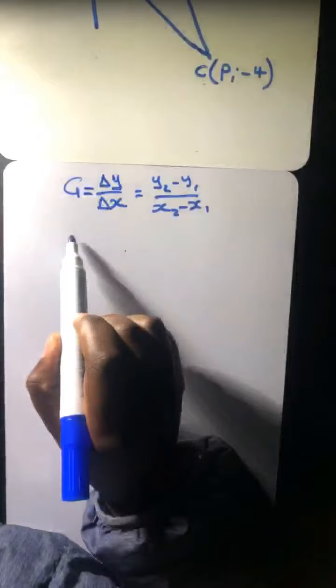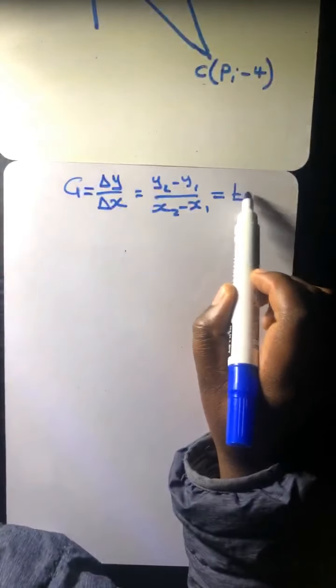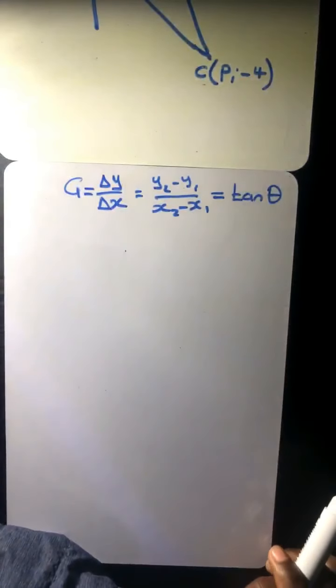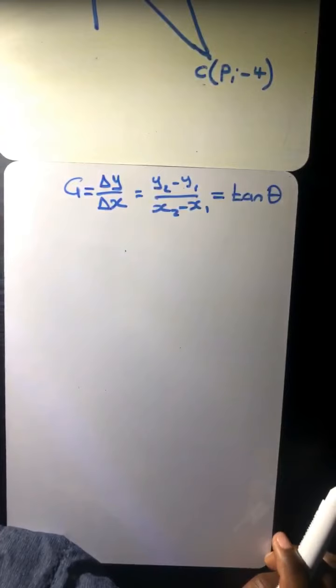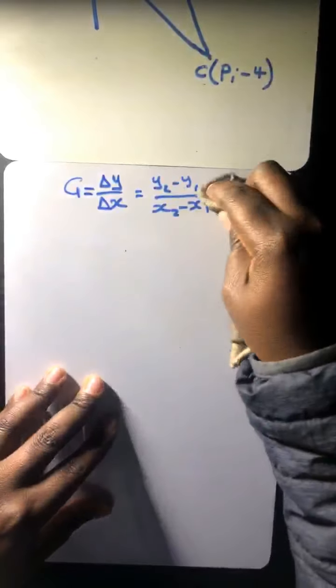You remember, guys, this same formula of gradient can still be equated to tan of angle theta. So now, because the question wants us to calculate the gradient, let me not make it too complicated there.